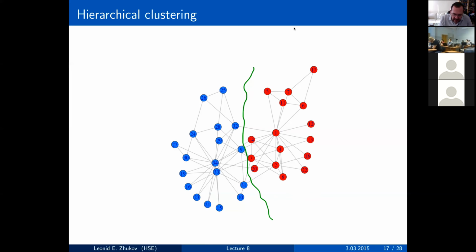In fact, you notice that this is that group that we detected as a clique, and it stayed together, but it has been expanded to cover the rest of the graph.